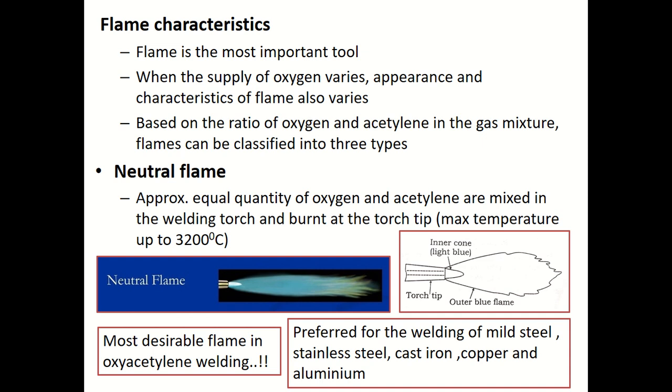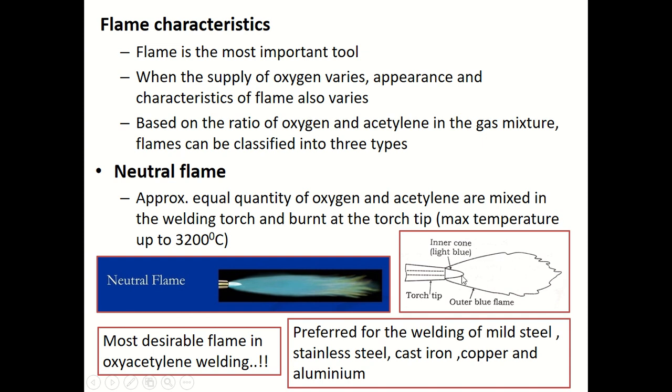The neutral flame has a small light blue inner cone near the torch tip. Please have a look at the schematic diagram shown on the right side.